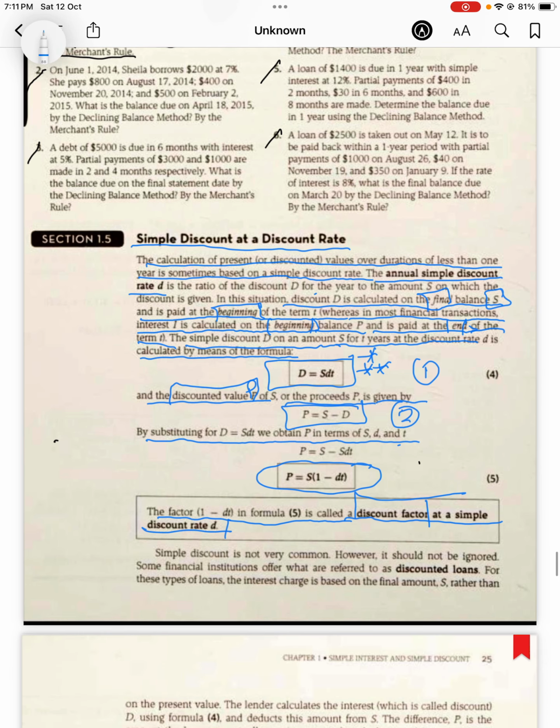Simple discount is not very common. However, it should not be ignored. Some financial institutions offer what are referred to as discounted loans.